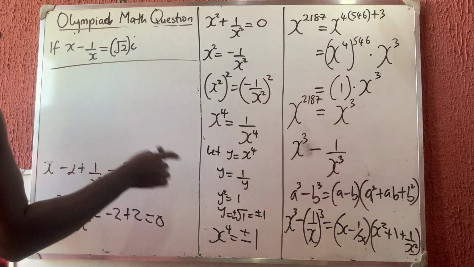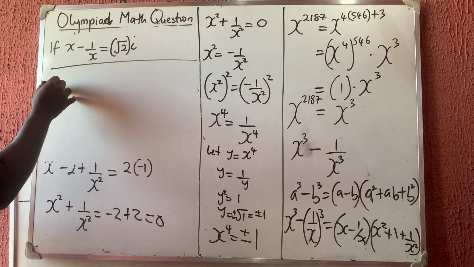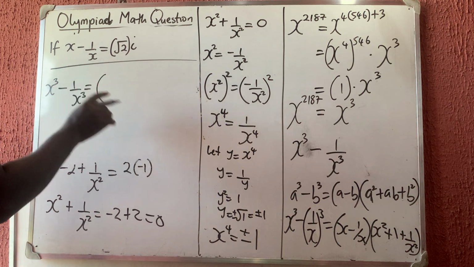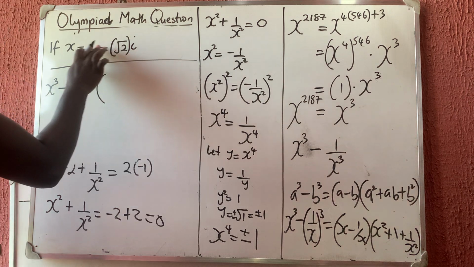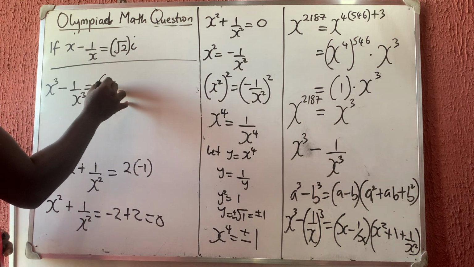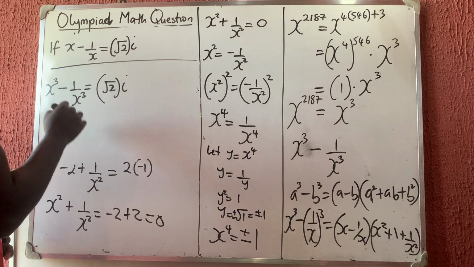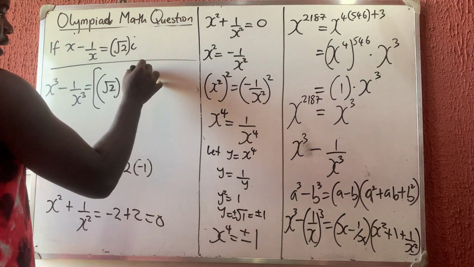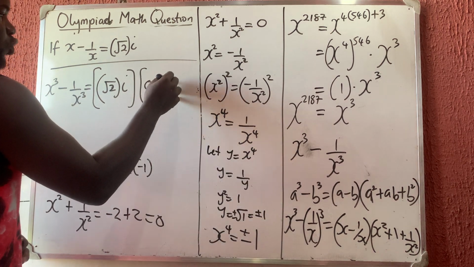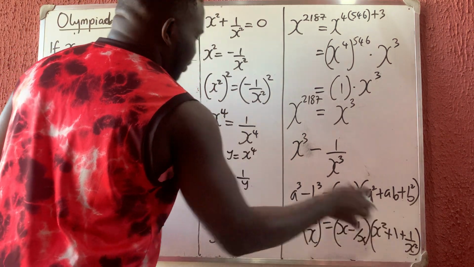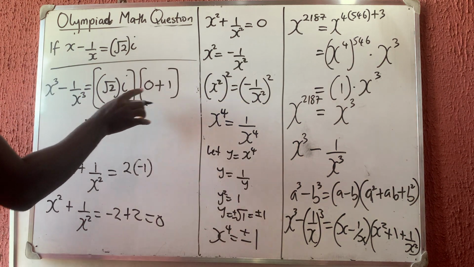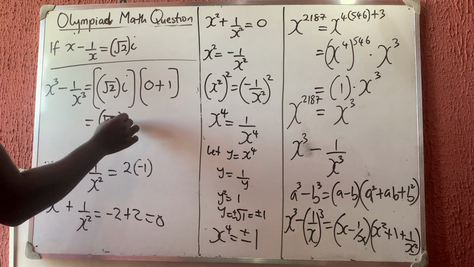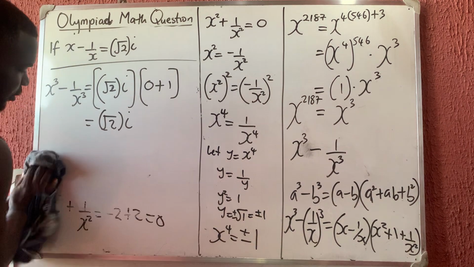So this is the same thing as saying that x raised to power 3 minus 1 over x raised to power 3 is equal to, now, x minus 1 over x is the question itself, which they gave us as the square root of 2i, being multiplied by 0 plus 1, because these two gave us 0, plus this one. Which is 1 times this, giving us back the question, square root of 2 in bracket of i.